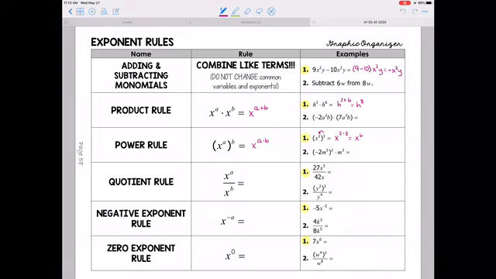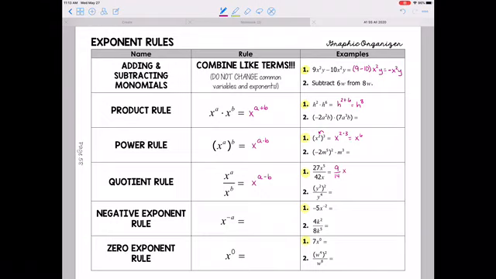For the quotient rule, when you are dividing the bases, you subtract the exponents with the numerator on top in front and the denominator behind. And with the constants, you would reduce your fractions if possible. 27 and 42 are both divisible by 3. 27 divided by 3 would be 9. 42 divided by 3 would be 14.